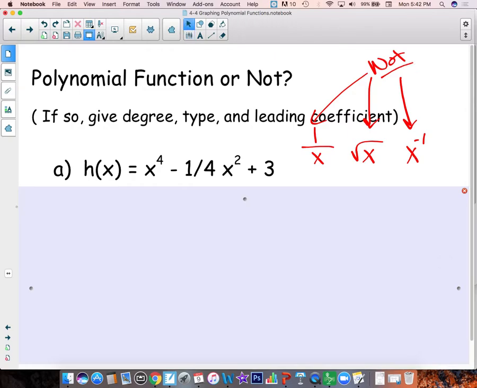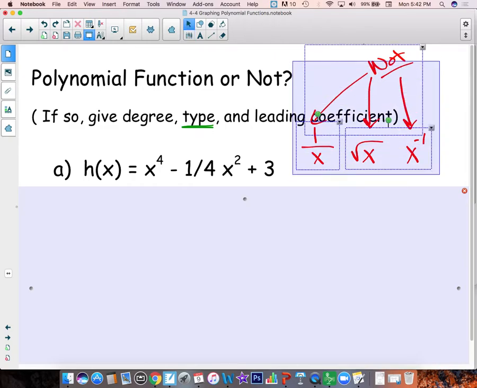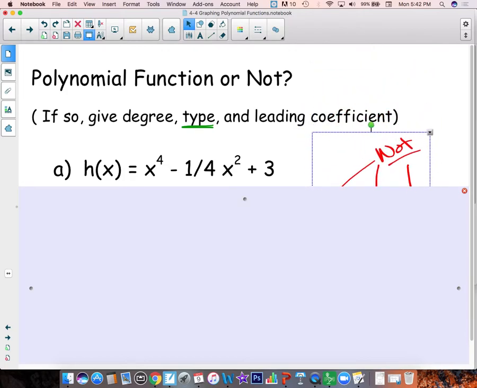So, first one, yes, it's a polynomial. What's the degree? 4. So the type, that's the new thing here. If we look at our chart, a 4th degree polynomial is a quartic. And then leading coefficient, that's a new thing that we just added here.